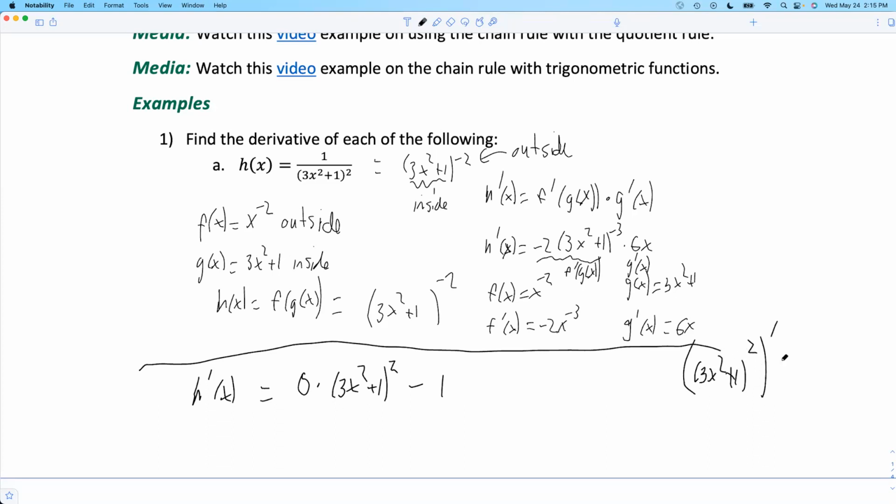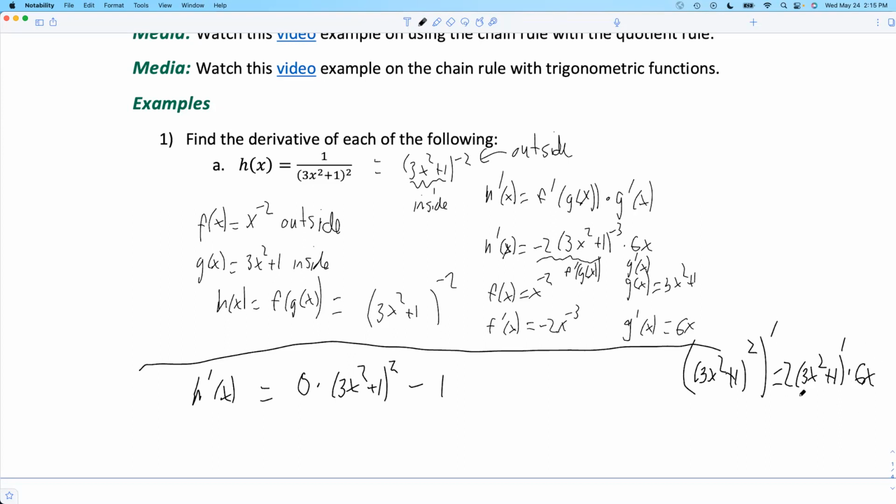So this derivative would be, take the derivative of the outside. Derivative of junk squared is twice junk to the first power. The 2 comes down, becomes a 1. The inside gets left alone, times the derivative of the inside.